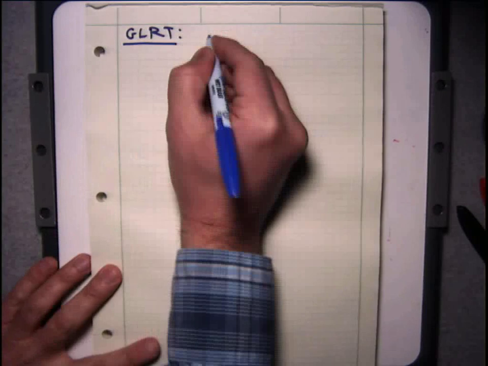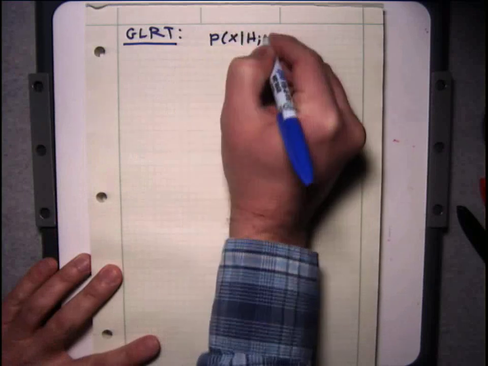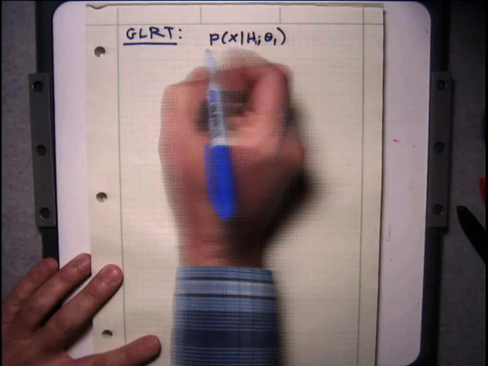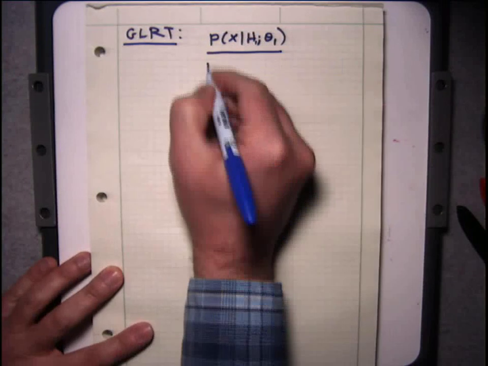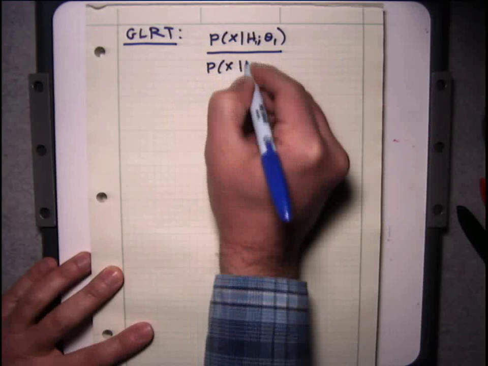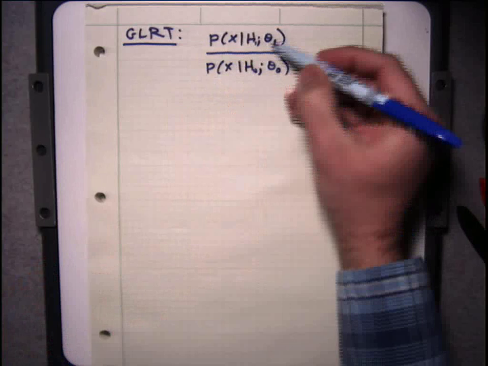So basically, the story was that if you have this PDF for the H1 hypothesis and this PDF for the H0 hypothesis, you might have these two parameters that are unknown.